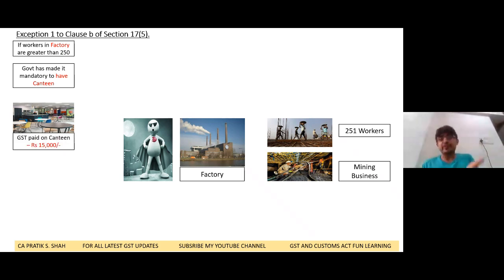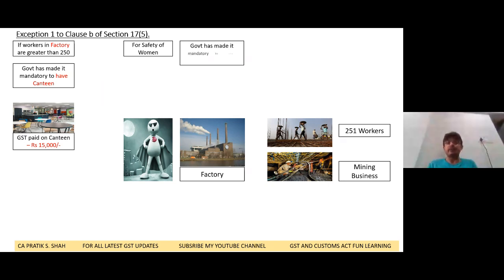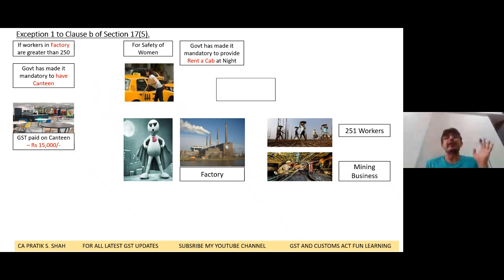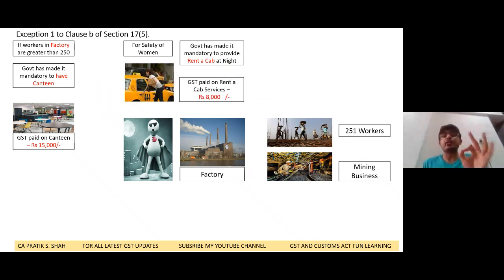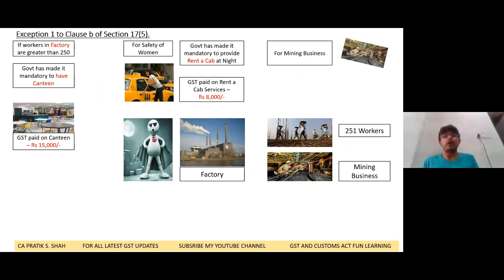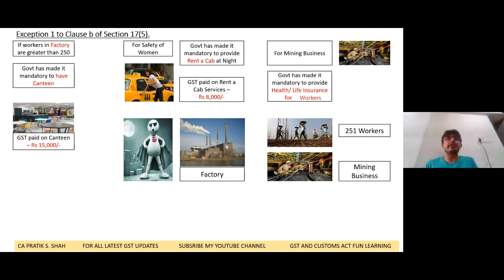That's why this person has paid GST of 15,000 on canteen, food, etc. And for the safety of women in Delhi, government has made it compulsory to provide a rent-a-cab at night. So GST is paid on rent-a-cab, say 1,000 rupees. For mining business, there is risk of life, so government has made it obligatory to provide health insurance and life insurance for workers.